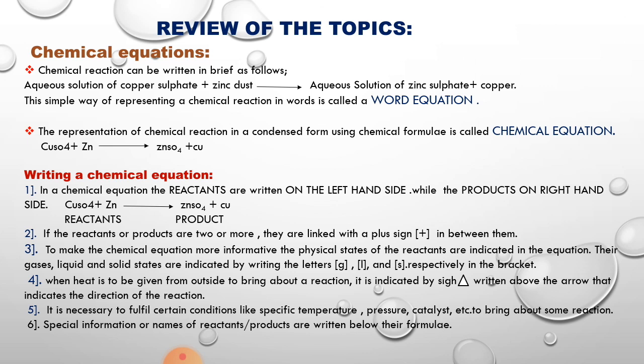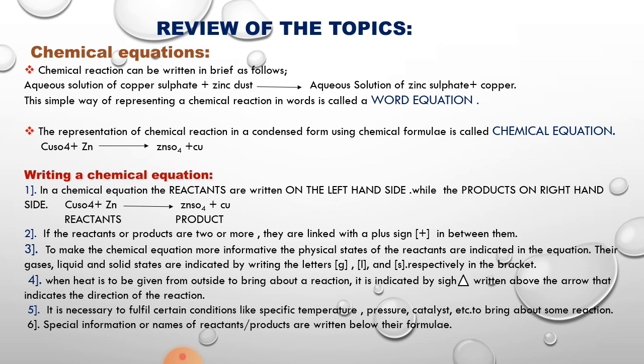Next, when heat is to be given from outside to bring about the reaction, it is indicated by a small triangle written above the arrow that indicates the direction of reaction. Also, conditions like specific temperature, pressure, catalyst, etc. are necessary to bring about some reactions.